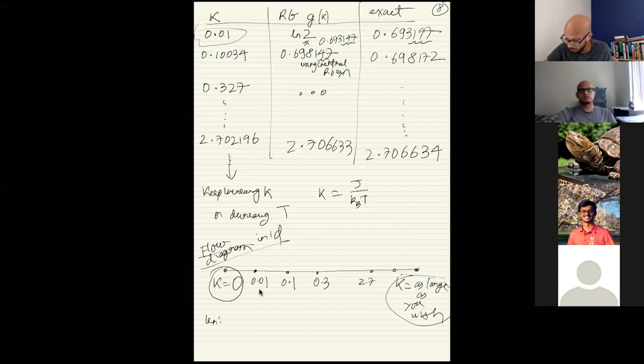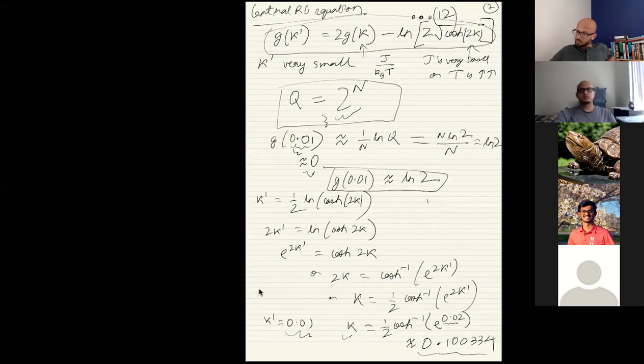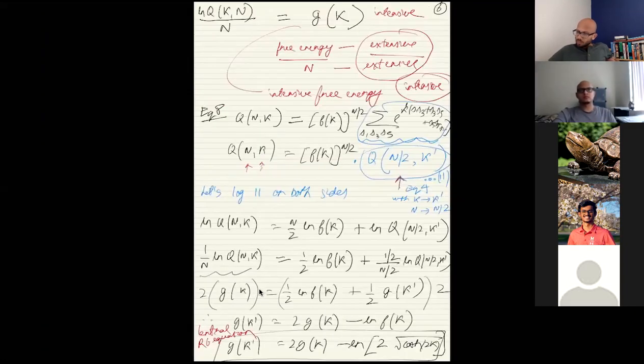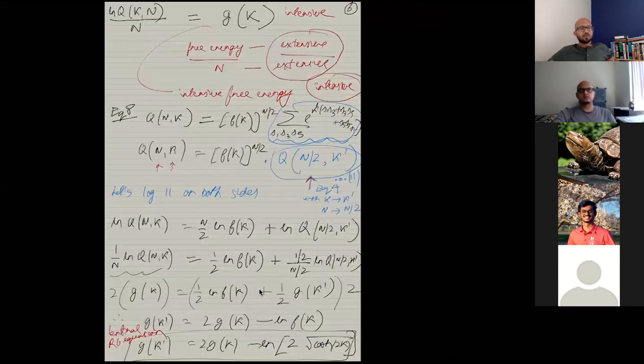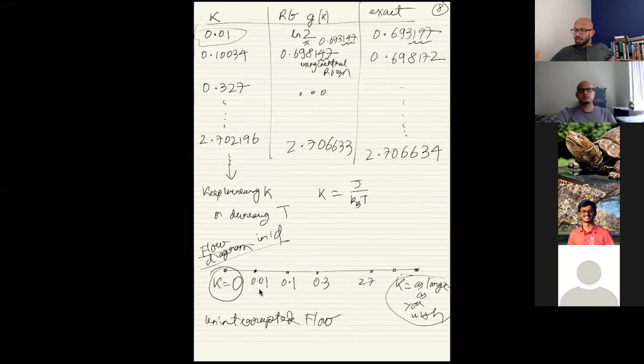Indeed, this flow diagram is what we called uninterrupted flow. The physics of the system is independent of what value of K you take. The same Hamiltonian, the same equation 8 that we wrote down, a simple equation 8, is applicable for any value of K.